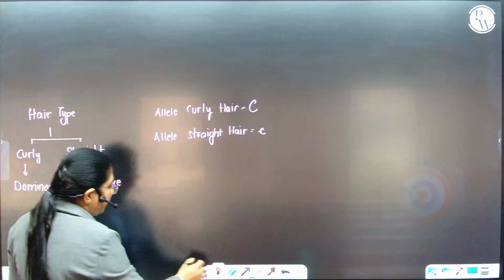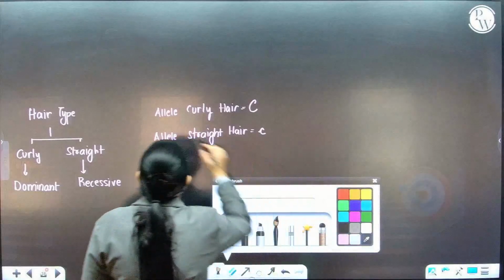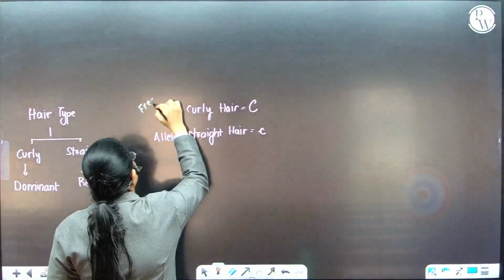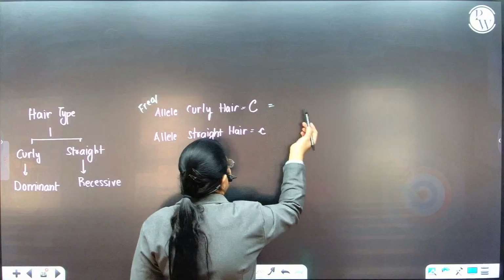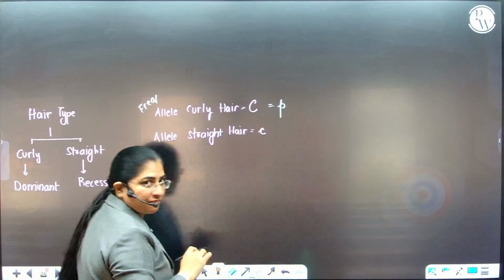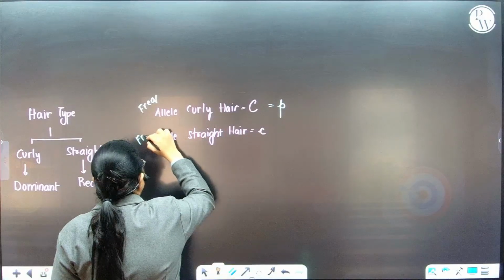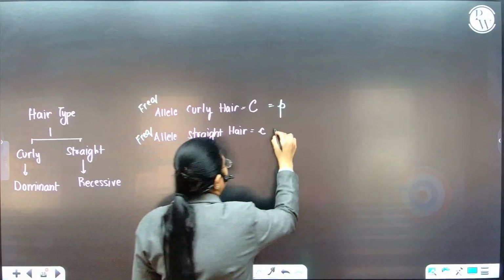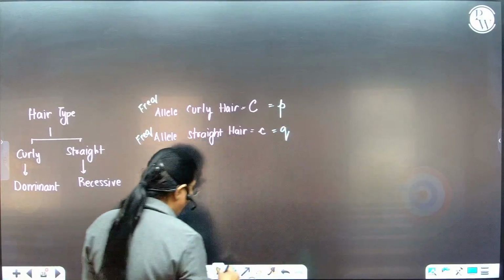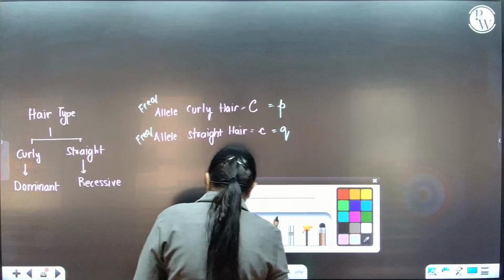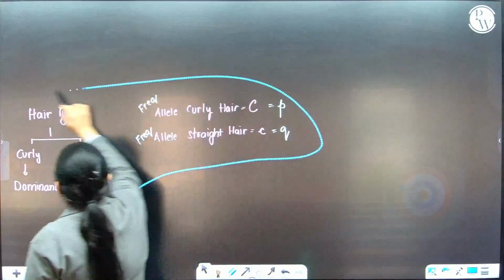Okay. If we talk about frequency, the frequency of the allele for curly hair we will represent as p. And the frequency of the allele for straight hair we represent as q. Now say, for example, we take a population.